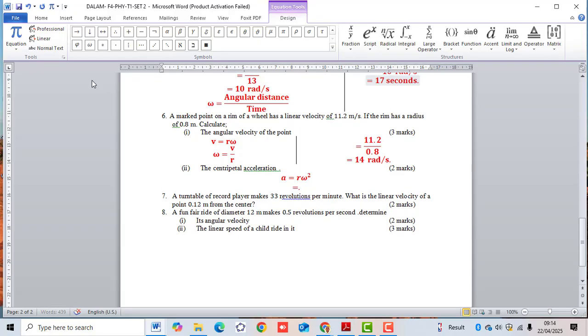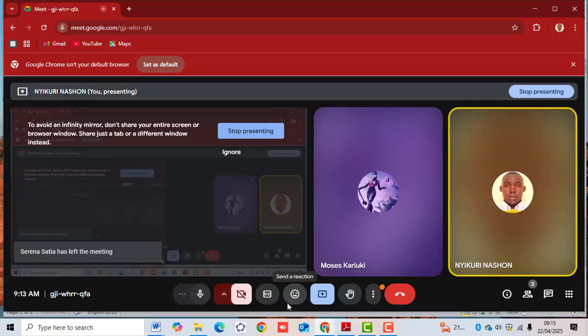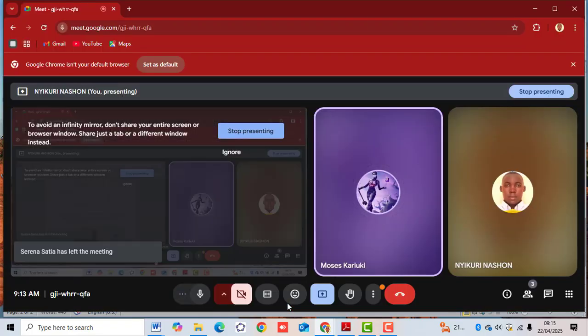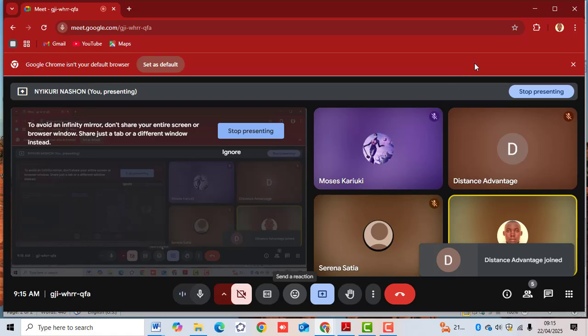Our r from that question, they have already given us as 0.8. Then I multiply by omega, we got it as 14, but it is 14 squared. So I multiply by 14 two times. What do you get?